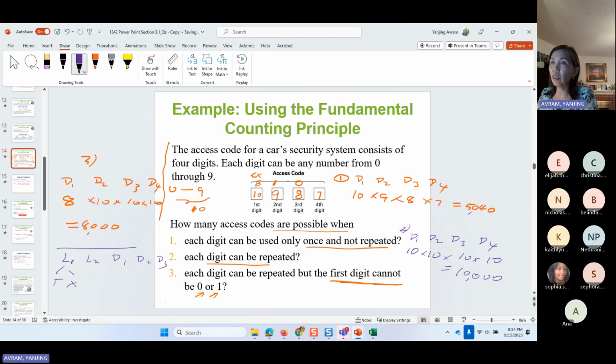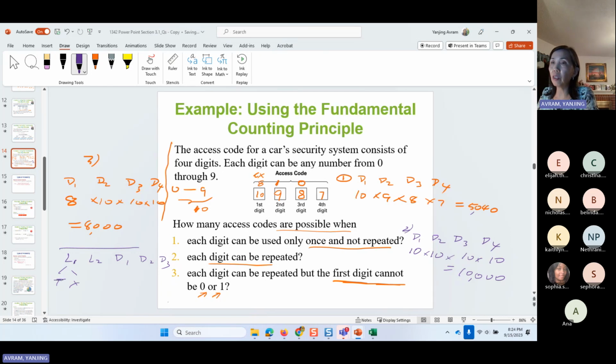So the license plate starts with, like I said, 2 letters and 3 digits. Okay, how many possible outcomes do they have? And I want the first letter to start with either T or X. So that means the first letter only has 2 choices, right? And then what about the second letter? The second letter doesn't have a limitation. So what are the possible outcomes for the second letter?